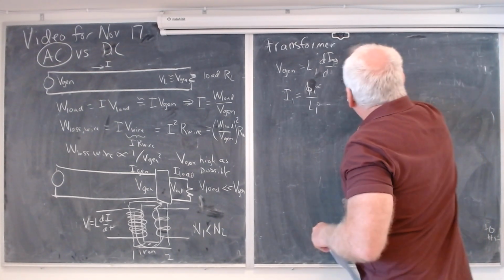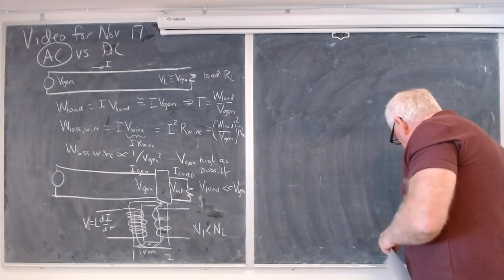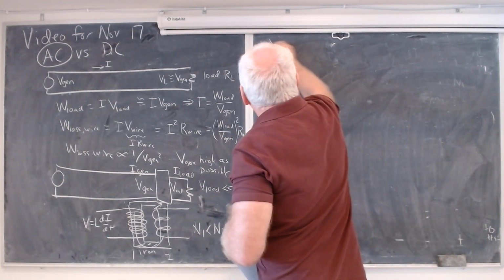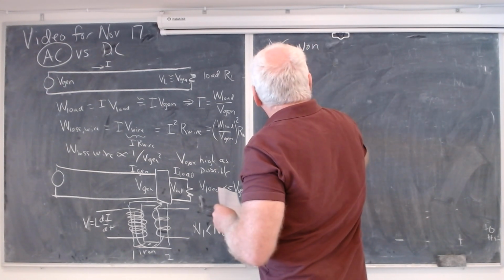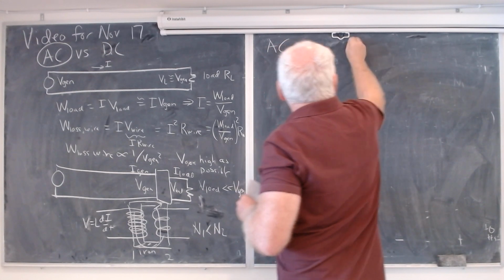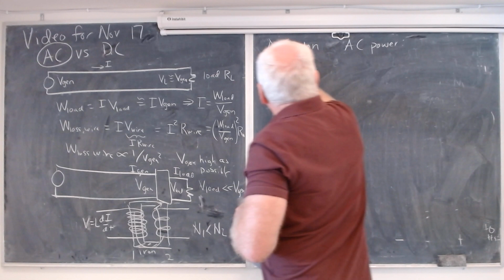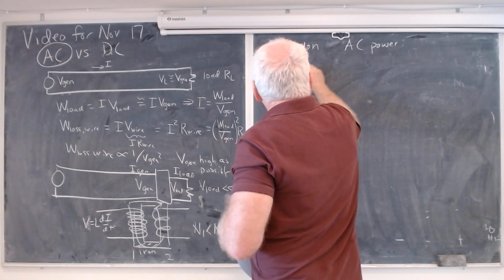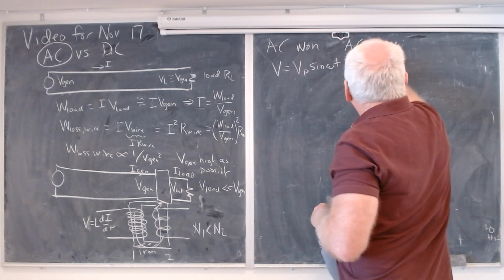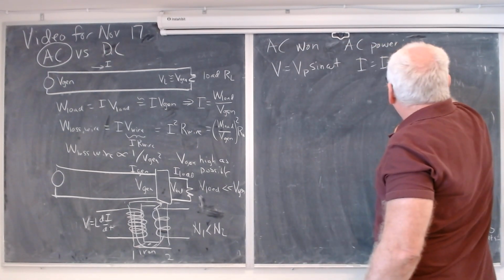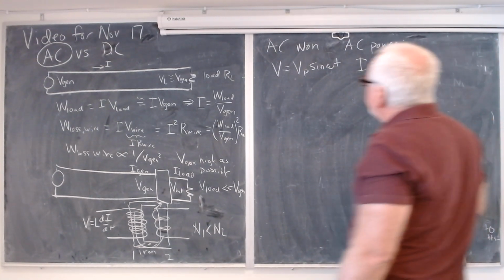So now, what we know is AC. So let's do AC power. All right. So I'm going to say my voltage is V peak sine omega t. My current is I peak. Now I'm going to say for the moment it's sine omega t. We're going to go through that in a second. All right.